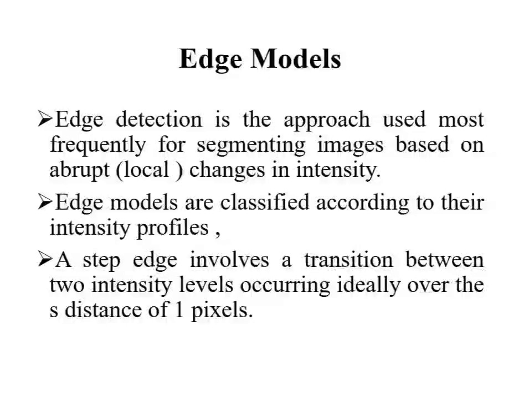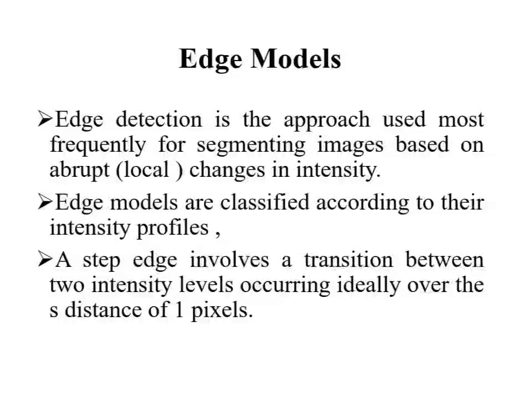In practice, digital images have edges that are blurred and noisy, with a degree of blurring determined principally by limitations in the focusing mechanism, for example lenses in the case of optical images, and the noise level determined principally by the electronic components of the imaging system. In such a situation, edges are more closely modeled as having an intensity ramp profile.